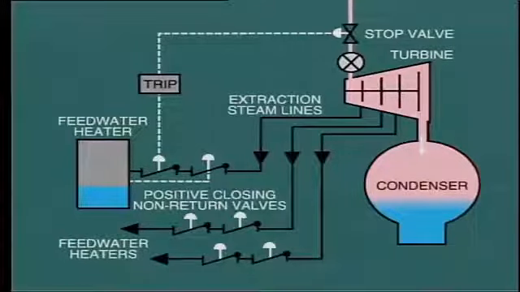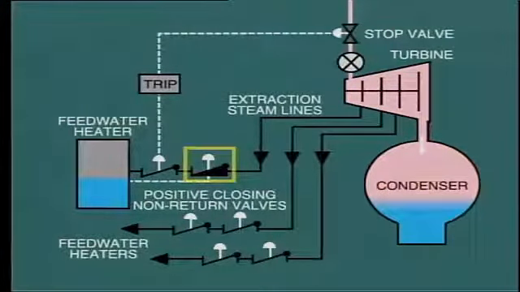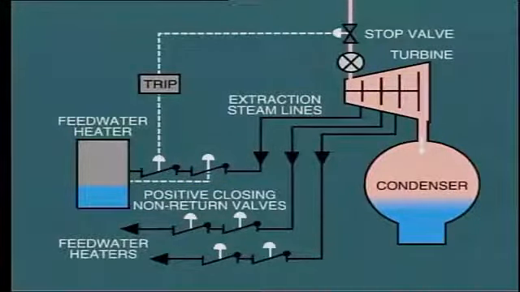If the water level in the heater rises above a predetermined level, the sensor will operate the trip relay to positively close the check valve. These positive closing check valves also trip closed in the event that the turbine stop valve is tripped closed. They are force closed about 10%, and reverse flow completes the closure.